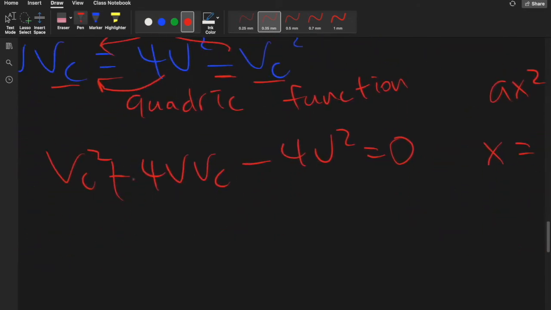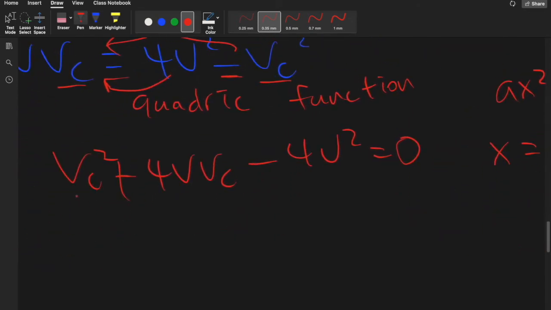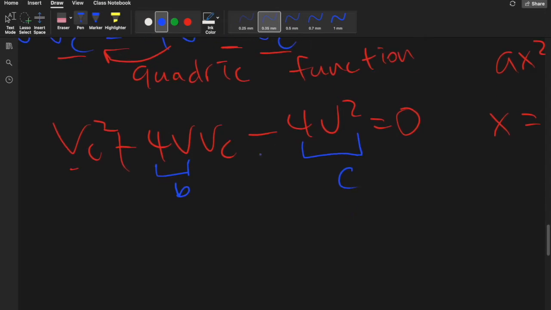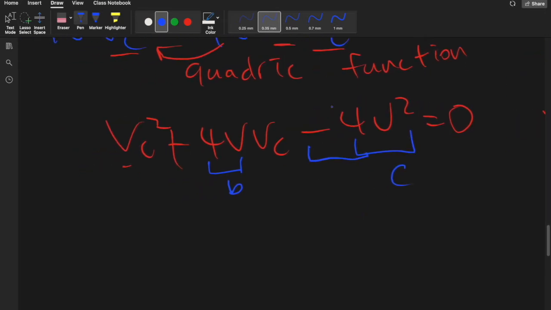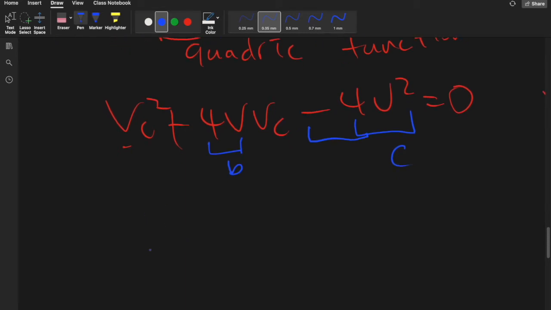And in this part, we want to know VC, right? So here negative 4V will be the b, and here negative 4V squared will be the constant c, including the negative sign. So let's solve for it.